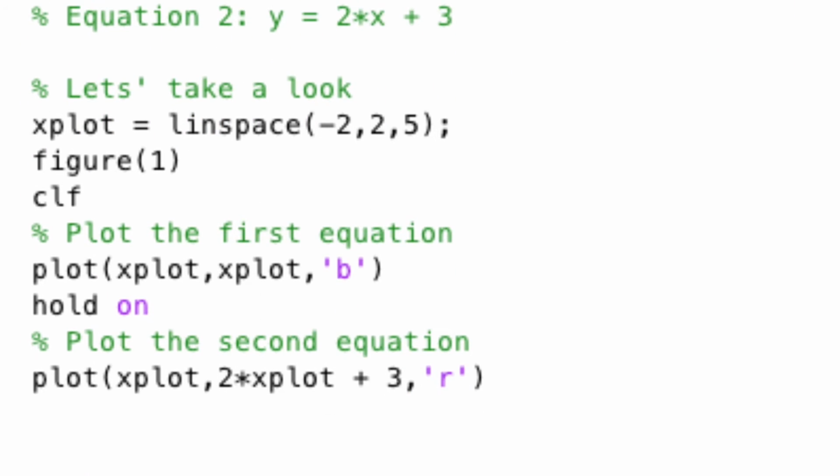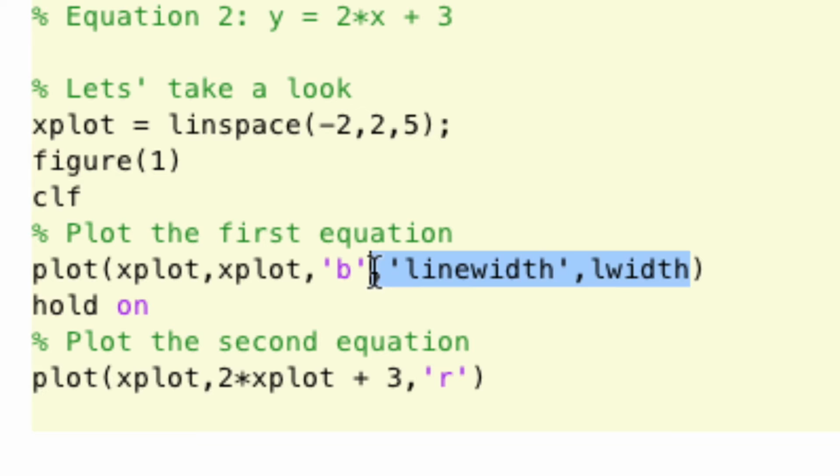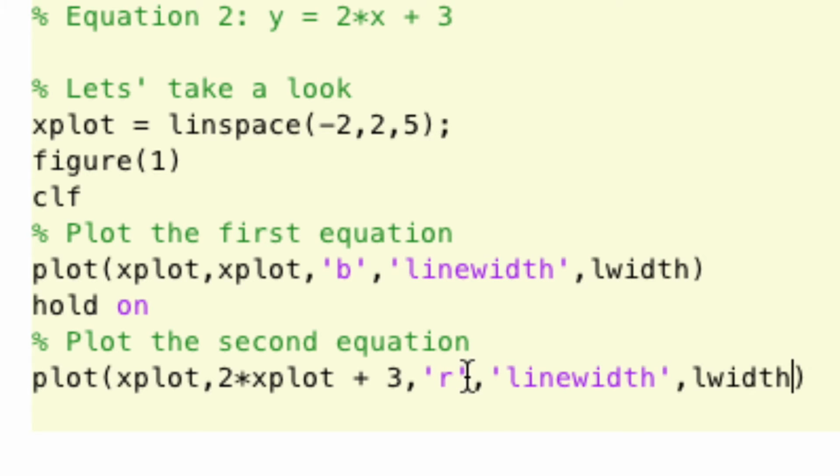So here I'll add this, and I think we will get a little bit thicker lines to show the functions.